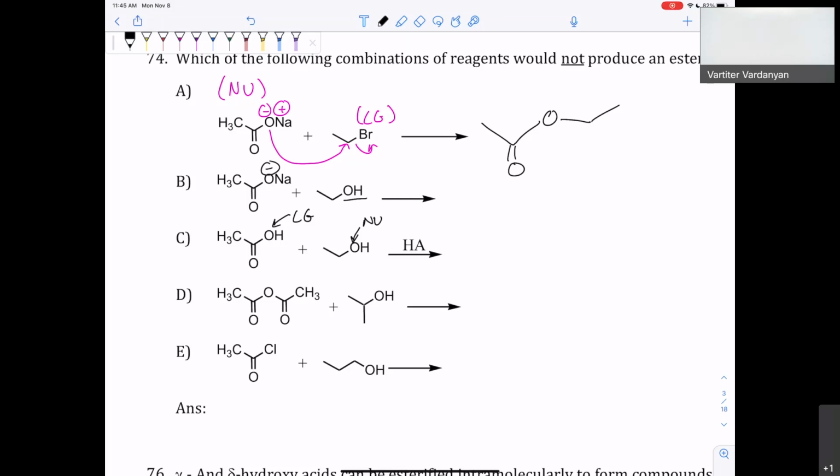So in this case, we end up with the same exact answer, but because this one attacks here and kicks off the leaving group. Do we kind of sort of see that? Okay. Some people look unhappy about it. Yes.